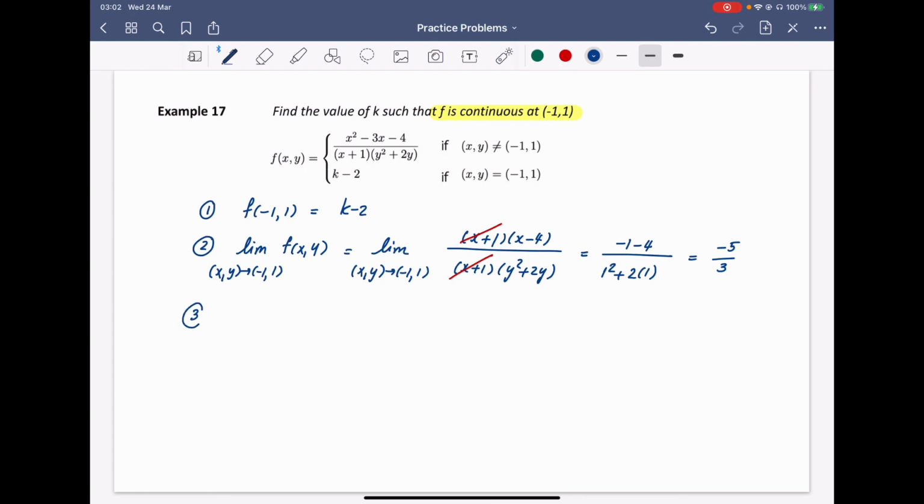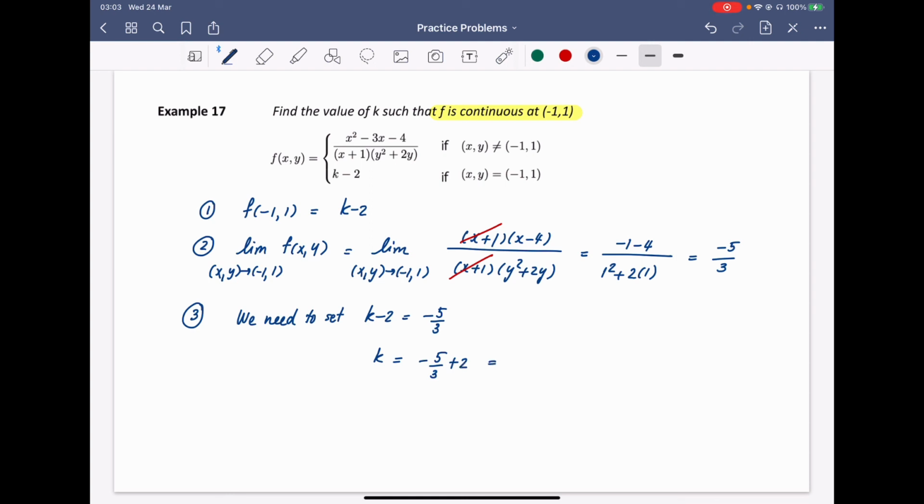And then the condition number 3 for continuous function. So you need step 1 equal to step 2. That means we need to set k minus 2 equal to -5 over 3. And that will be k equal to -5 over 3 plus 2.